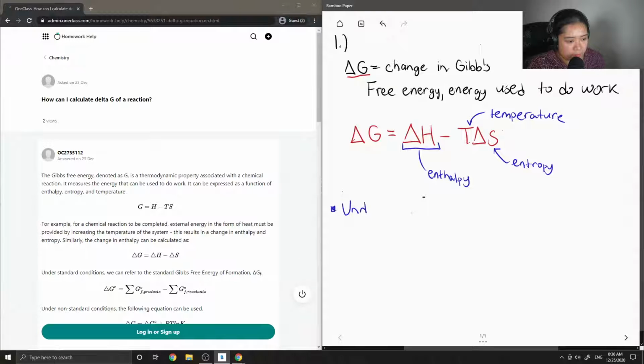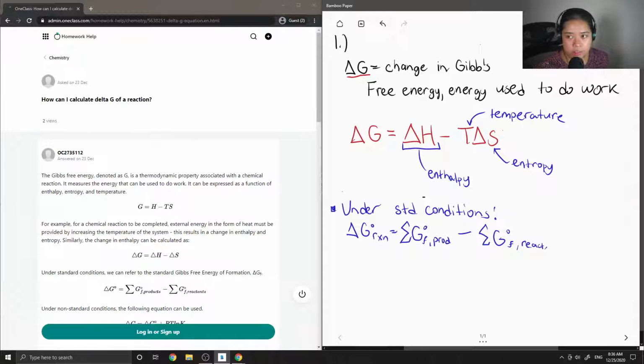Okay, so when you have a reaction under standard conditions, then the delta G is equal to the sum of the Gibbs free energy of formation for the products minus the sum of the Gibbs free energy of formation of the reactants.